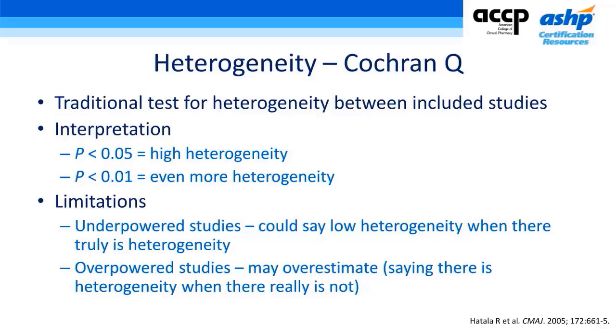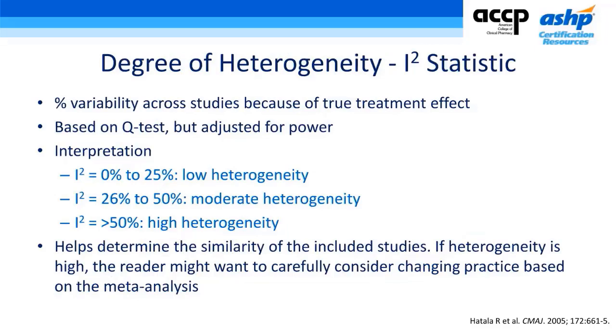There are some limitations in using the Cochrane Q. Underpowered studies, you could say you have low heterogeneity when there truly is heterogeneity, for example, and then the opposite for overpowered studies. As I mentioned from the example question, the I-squared statistic is the degree of heterogeneity. So basically it's the percent variability across the studies because of the true treatment effect.